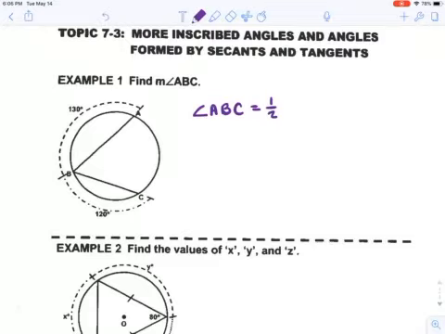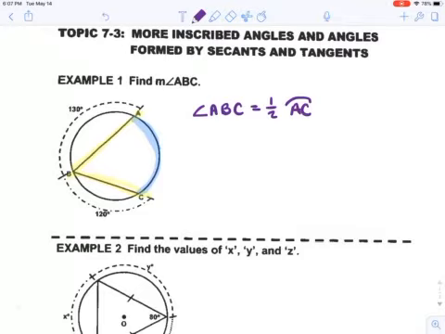So in this case, it would be arc AC. So again, here is our angle, and this is the intercepted arc. Now the only issue here is that we don't know what arc AC is, but we're going to find it.